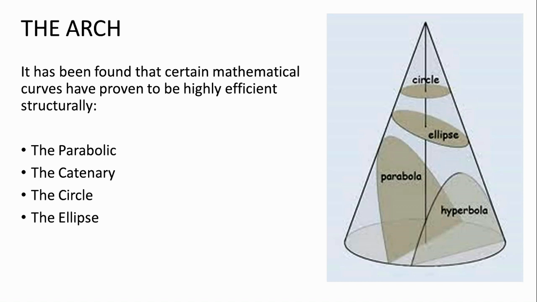The reasons for this statement I'm not entirely sure, but we do know engineering wise that certain mathematical curves work efficiently structurally, and they can all be derived from the cone, as you can see here. So sections of a circle, of an ellipse, of a parabola, and of a hyperbola can develop from a cone and are very useful structurally.